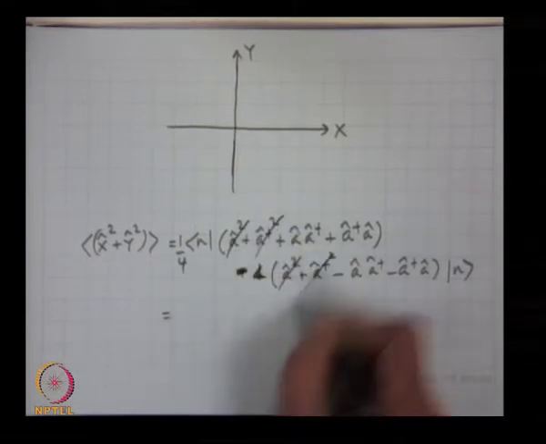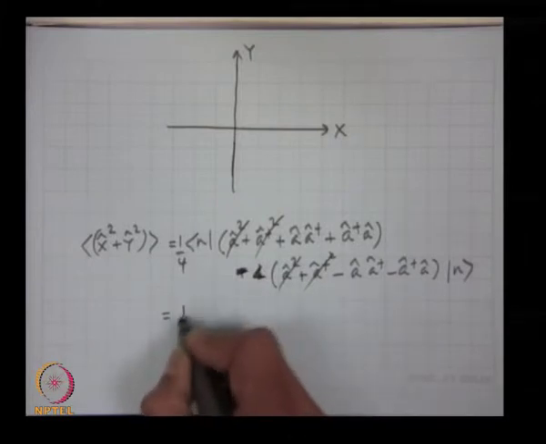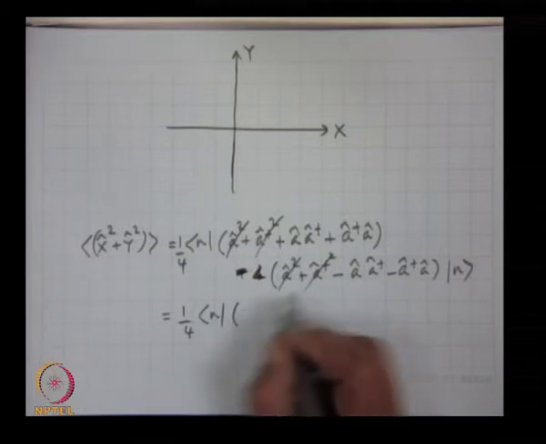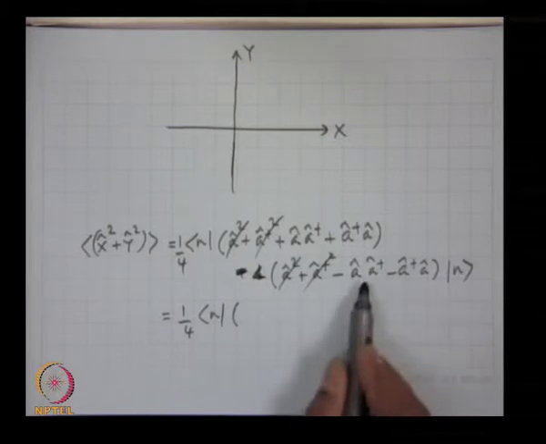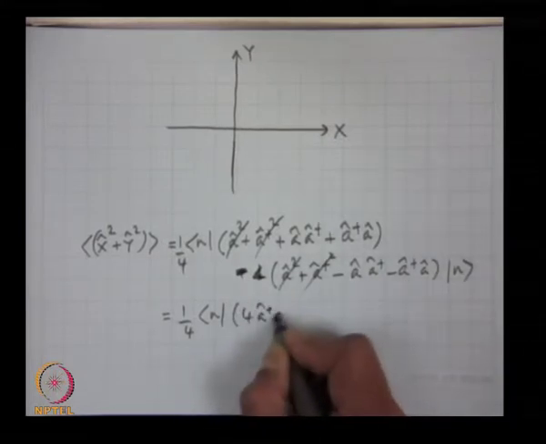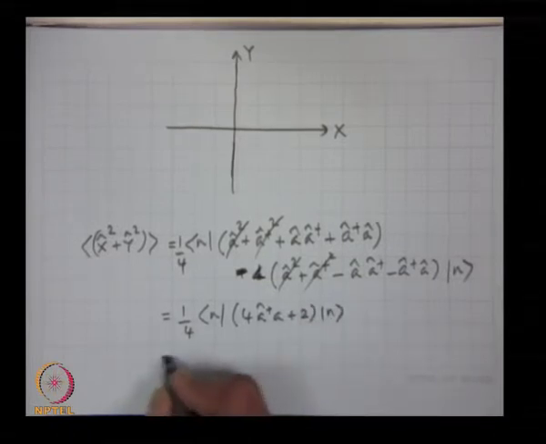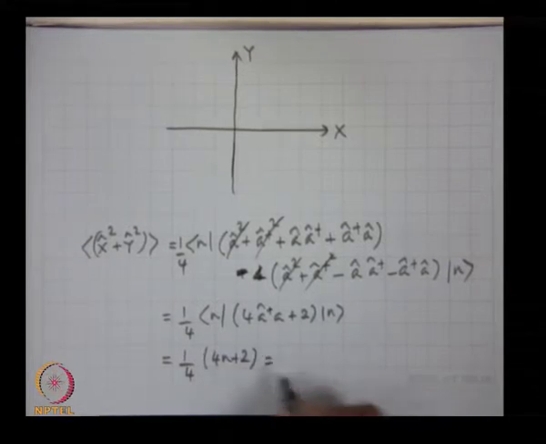This goes off and I get 1 by 4 n. So a a dagger is a dagger a plus 1. There is a minus sign here. So I'll get 4 a dagger a plus 2, which is equal to 1 by 4, 4n plus 2, which is equal to n plus half.